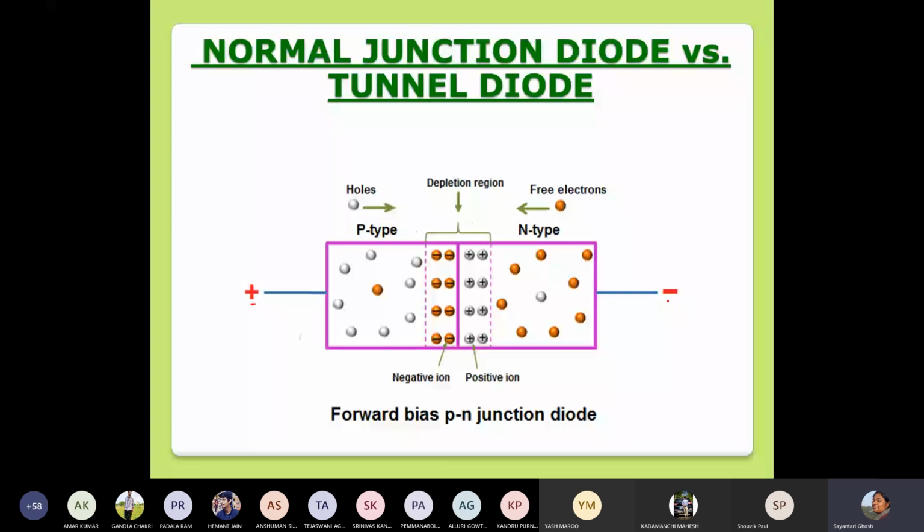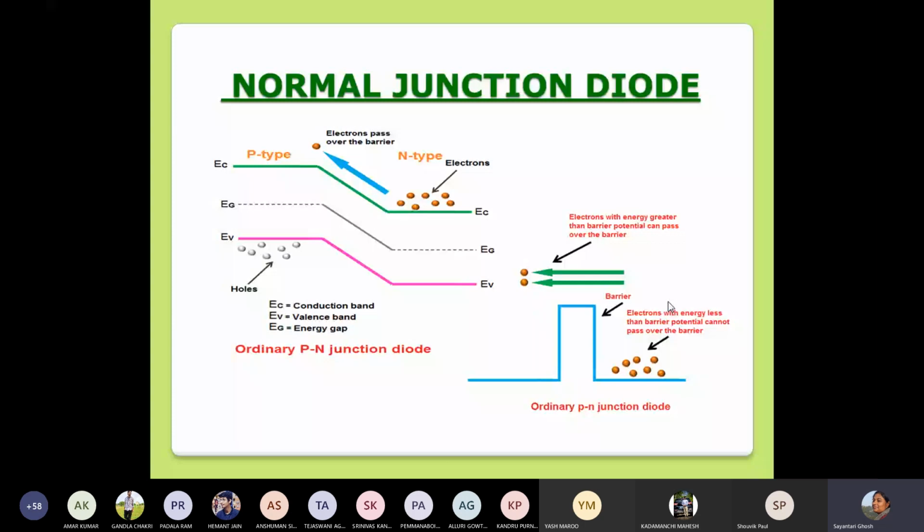Now let us understand this picture in terms of the band diagram. Now you have a battery attached to the system. That means you are applying a force, right? A battery is a voltage, and that is basically an attractive force for both the carriers, holes and electrons, on either side of the junction.